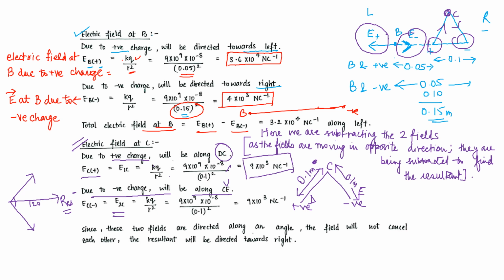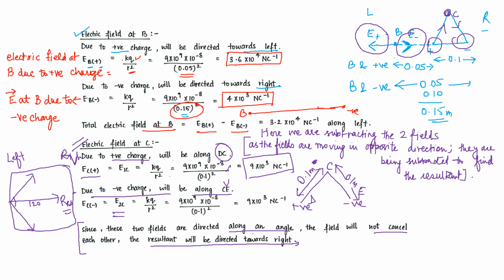So see this last line, which will give you a very important fact here. Since these two field lines are directed along an angle, the fields will not cancel each other. Resultant will be directed towards the right. See, I have explained you in this diagram. We will take as per our convention this as left and this as right.